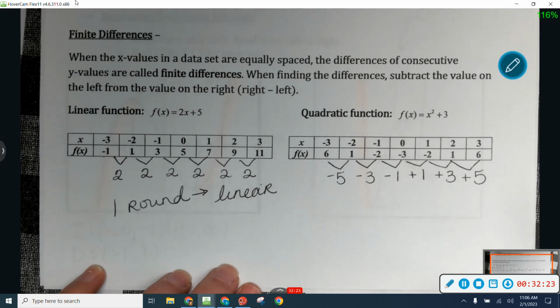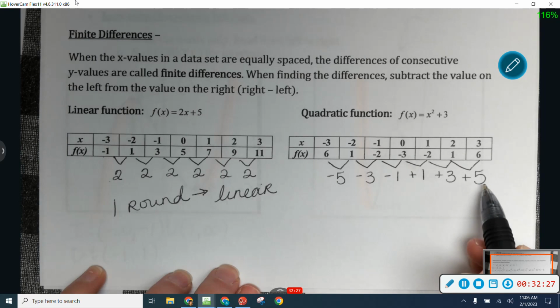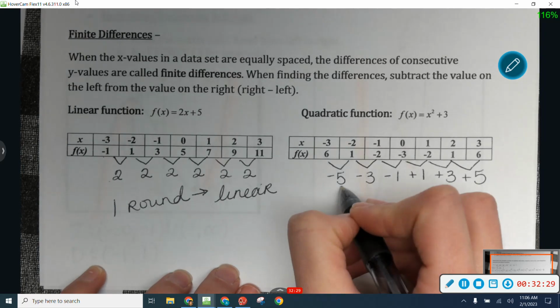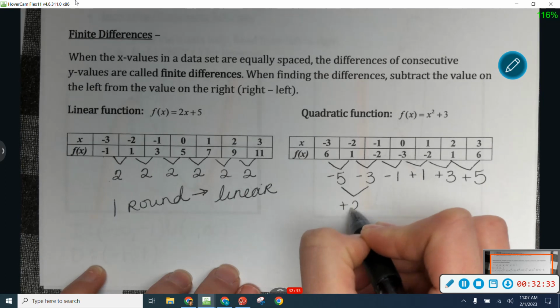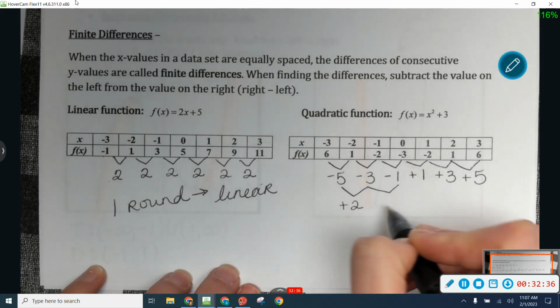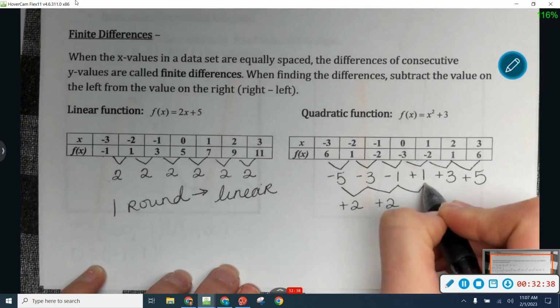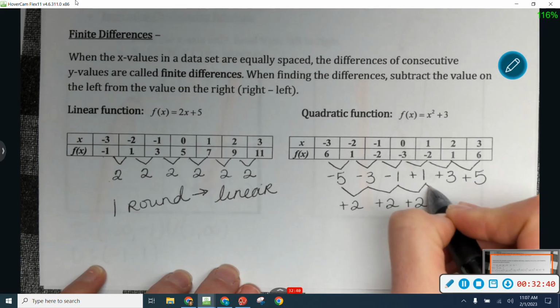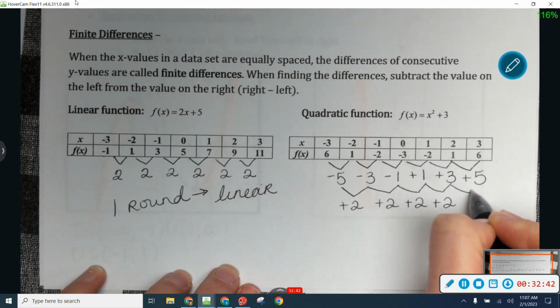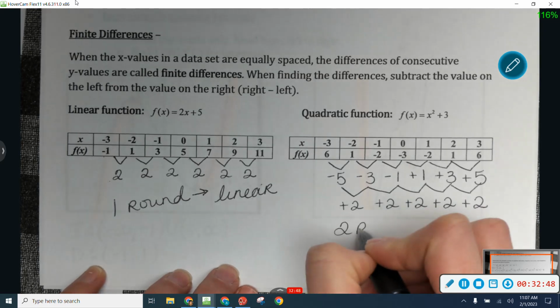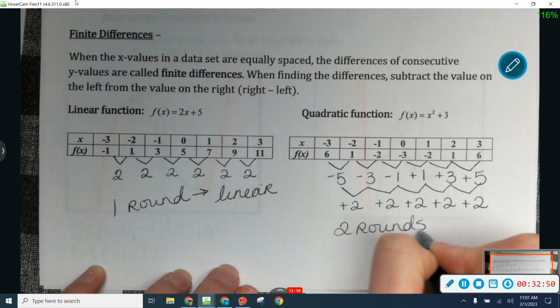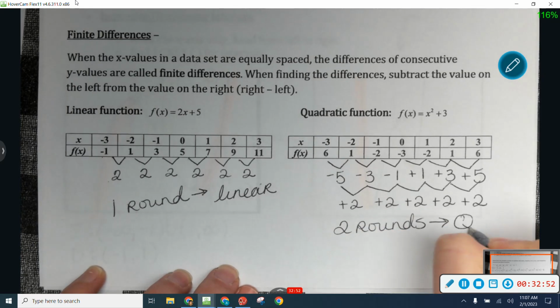So I need to do another round, and we're going to subtract these. Okay? So if I go from -5 to -3, -3 to -1, -1 to 1, 1 to 3, 3 to 5, now those differences are all the same. So I did 2 rounds. There's my quadratic.